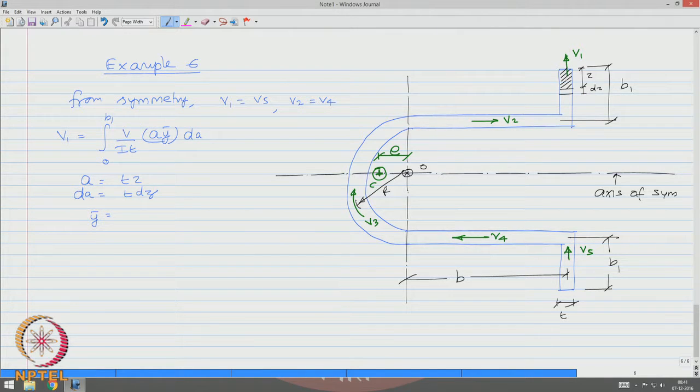Actually, I am looking at this distance, from here to here, that is y bar for this case, which is going to be r plus B 1 minus z by 2.